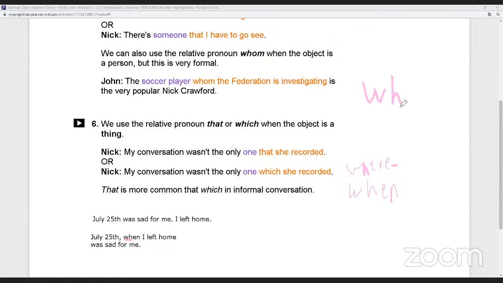All of those WH questions, you can use as a relative pronoun. It depends on what you're going to talk about. In this case we're talking about a date, so it's only when. Then if we're going to mention a place, we're going to use where, okay?